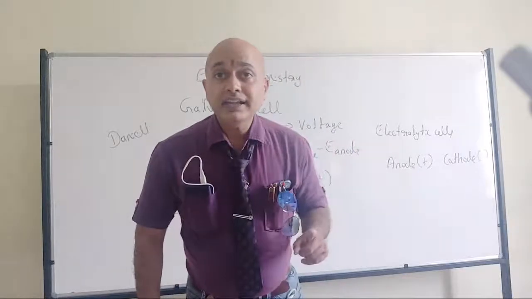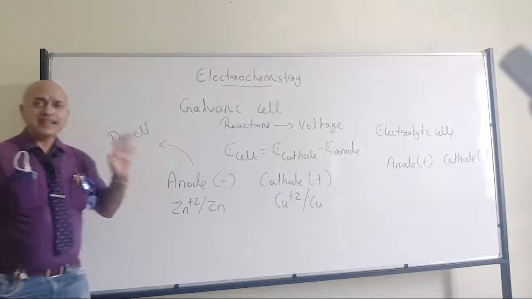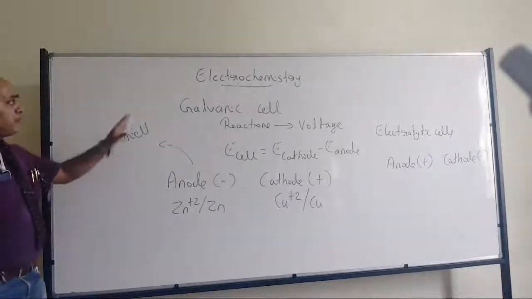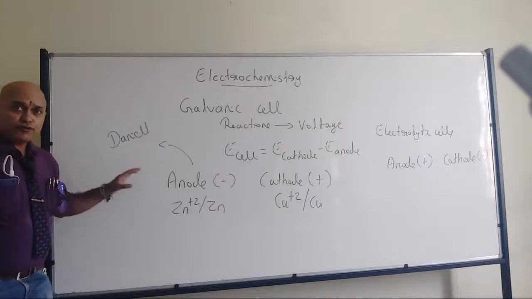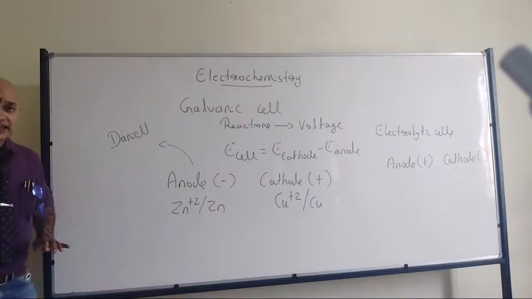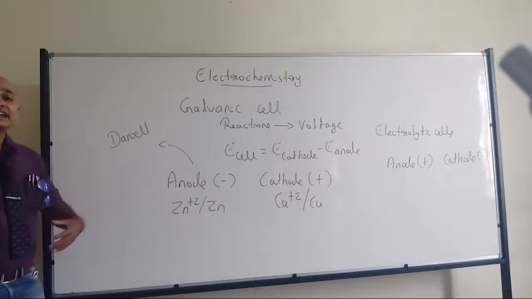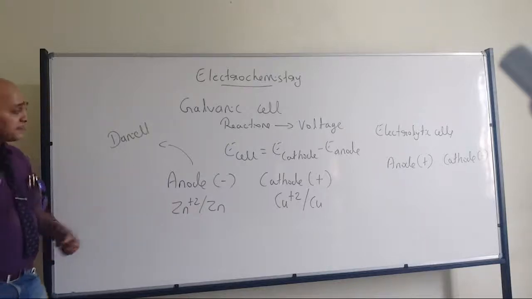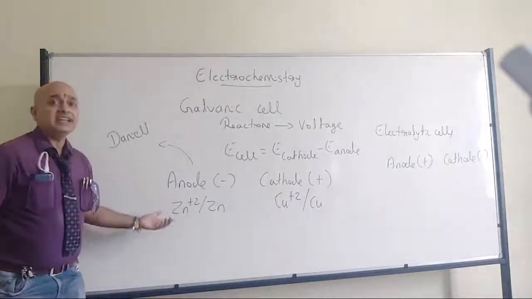So what do you mean by Daniell cell? A Daniell cell is nothing but a type of voltaic cell, or a type of galvanic cell, where there will be generation of voltage due to the chemical reaction. There will be liberation of current due to the chemical reaction. However, why is it called a Daniell cell, or what is the speciality of the Daniell cell?